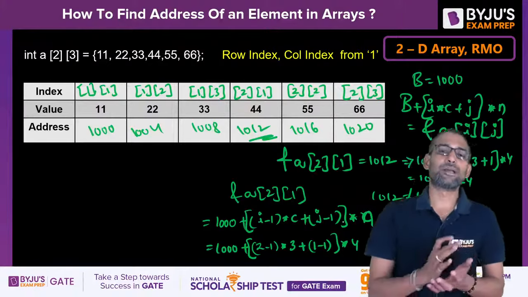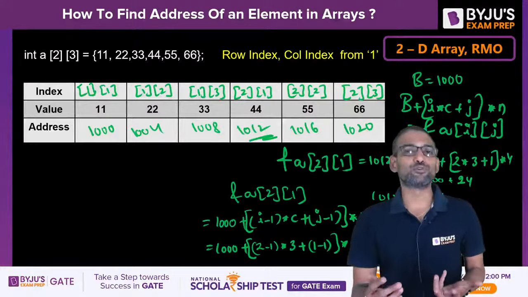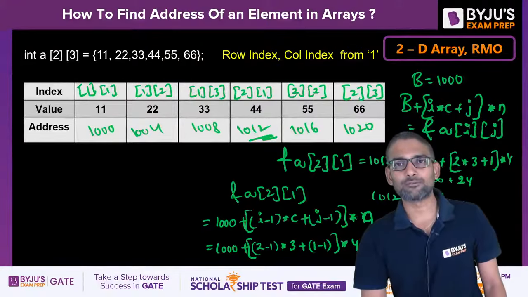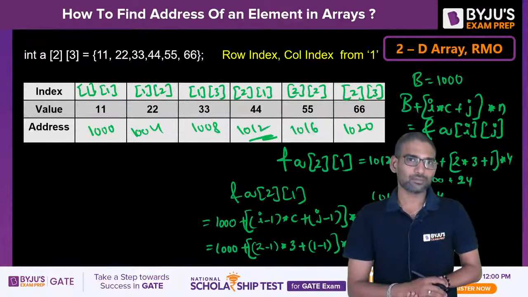So this is 2 minus 1, 1 into 3 plus 0, 3 into 4, it is 1012. Yes, it is correct.